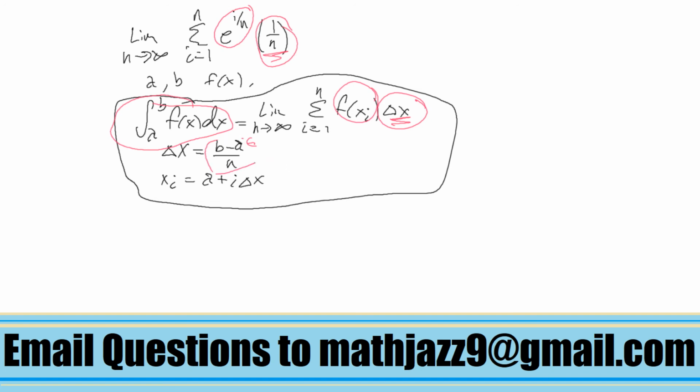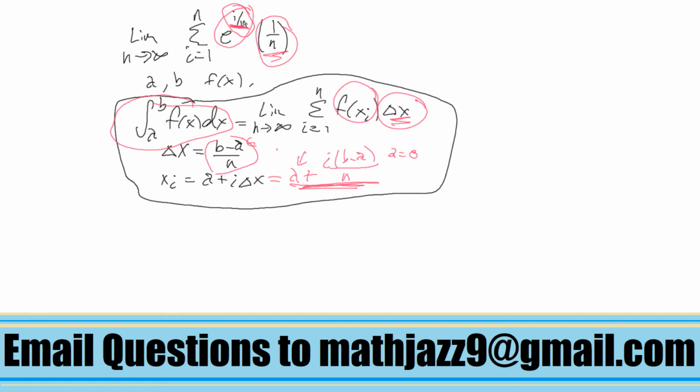Now, when we look here, we get i over n, so a plus i times b minus a over n. This is what x sub i should equal. So looking at this, this looks like f of x sub i. The inside of this is i over n. So that makes me think a equals 0.